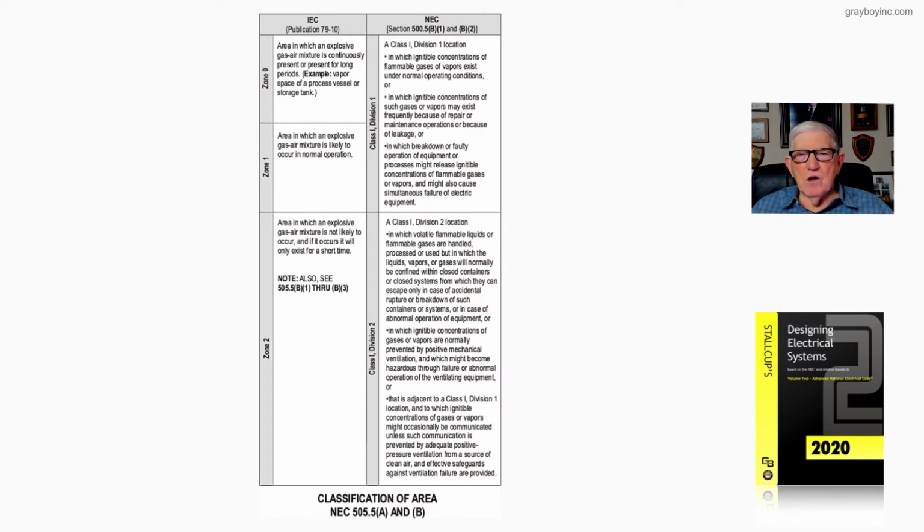But notice your Zone 2 is equal to your Division 2. Then again, we want to see if we have a problem if we're in Division 2. And then if, say, there's a rupture of a fitting, a joint, a meter, a bleed off valve, whatever it may be, and it starts leaking and could leak into a hazardous condition, that would be considered a Class 1 Division 2.